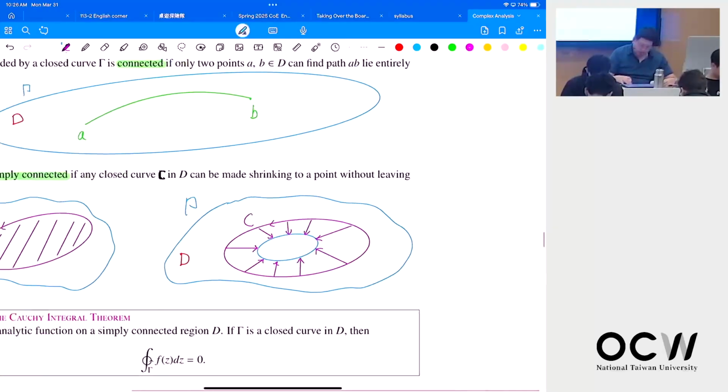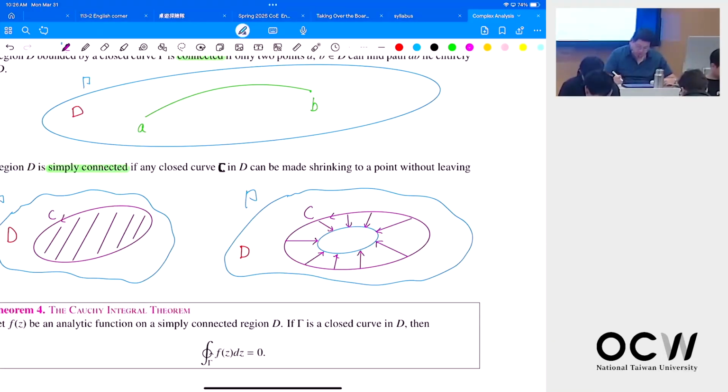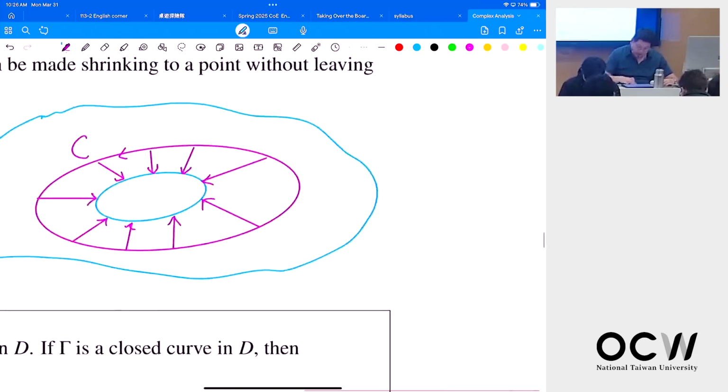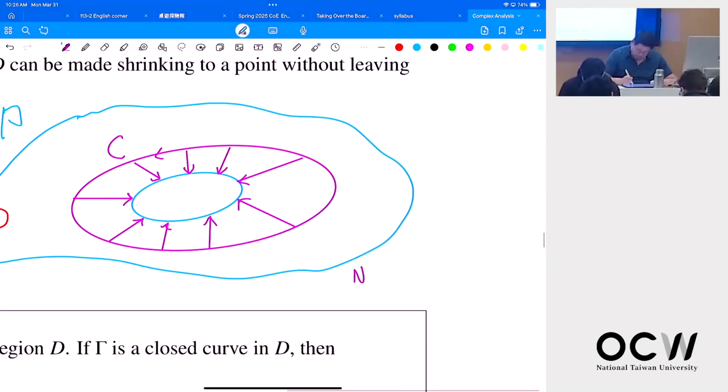Then in this case, if I cannot shrink to a point, this is not a simply connected region.